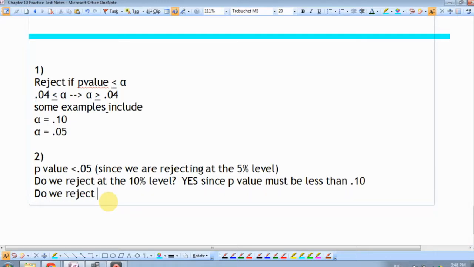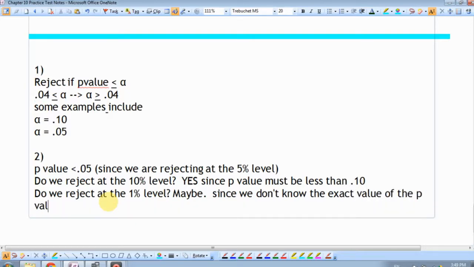Do we reject at the 1% level? Maybe. Since we don't know the exact value, it might not be less than 1%.